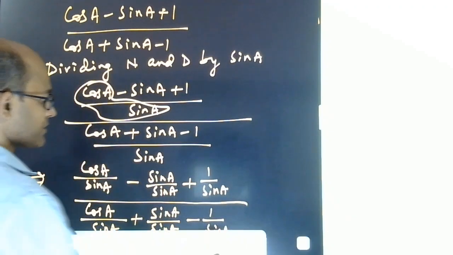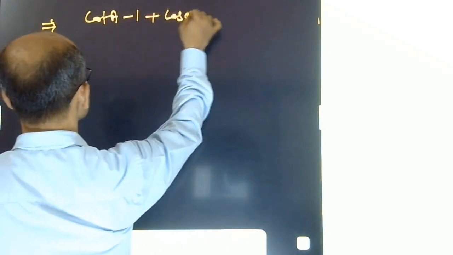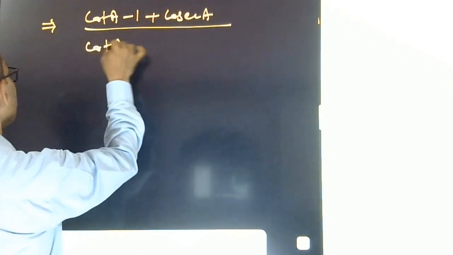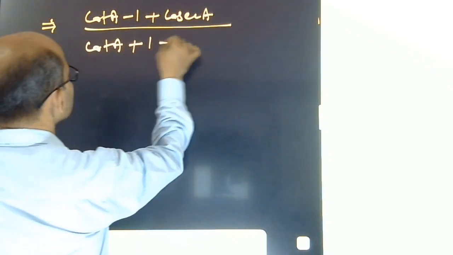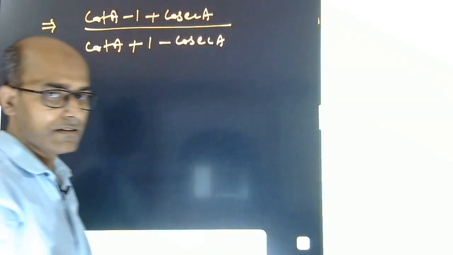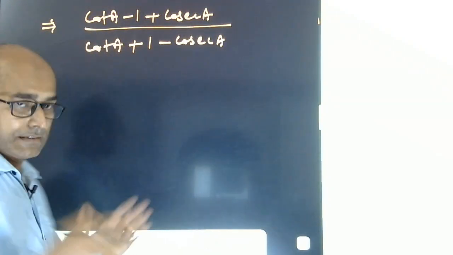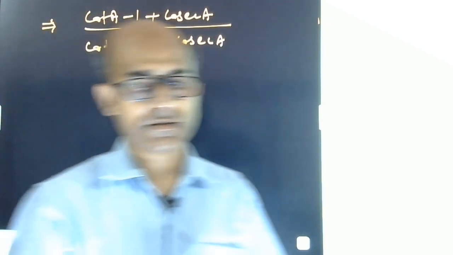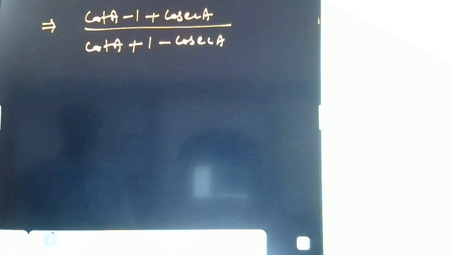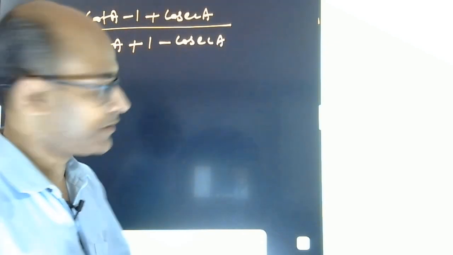We are required to write down this: cot a minus 1 plus cosec a divided by cot a plus 1 minus cosec a. This should be very clearly understood. There is not a very big thing in it. I hope you people are understanding, and it's very important that you understand all these things very clearly.